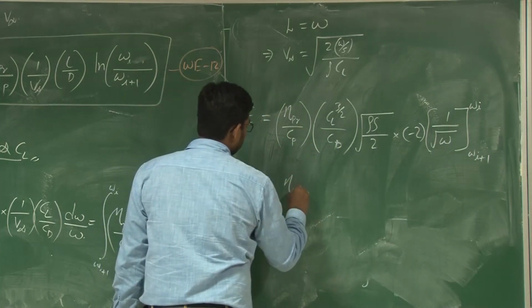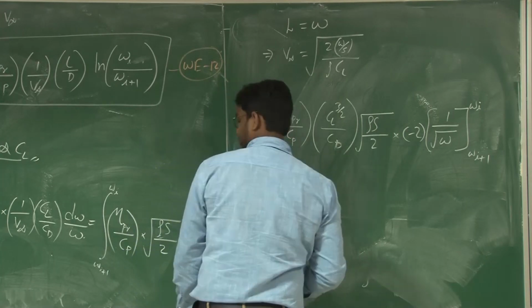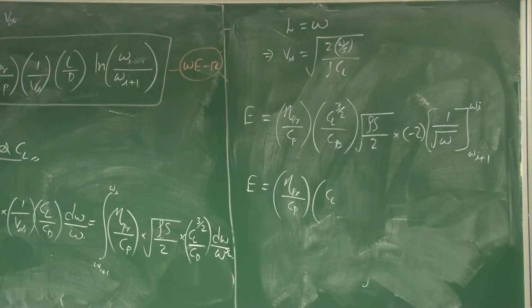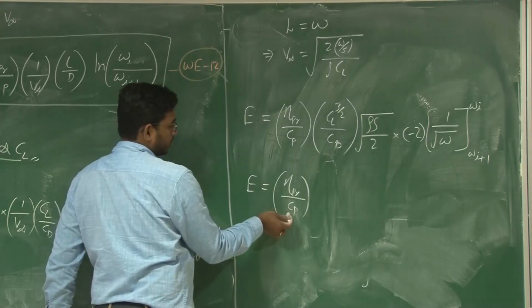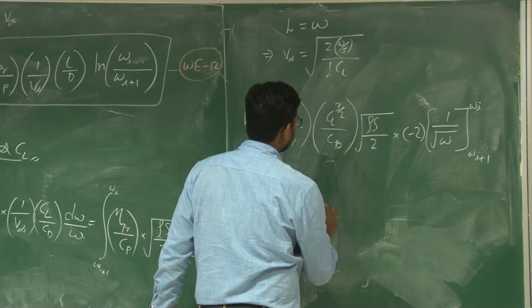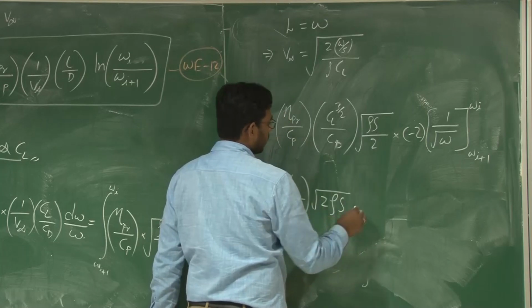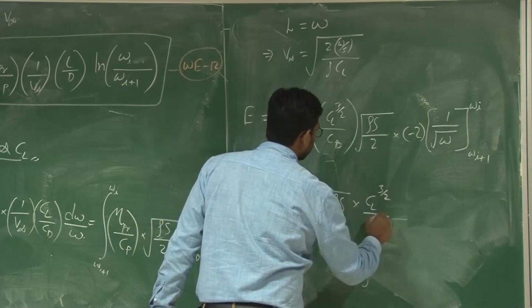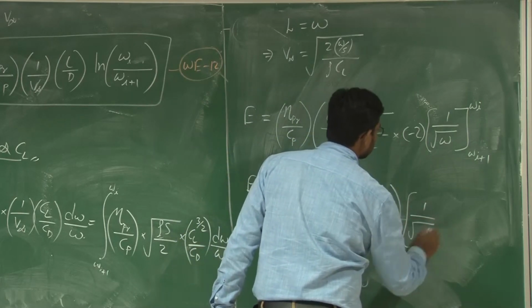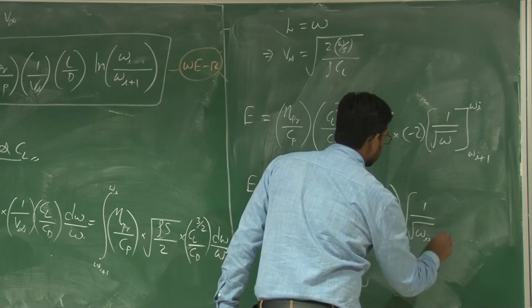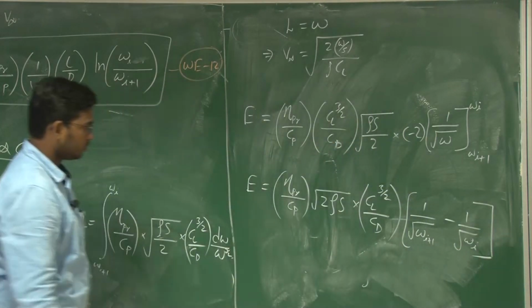So this will turn out to be the ratio of propeller efficiency to Cp, specific fuel consumption, into root over 2 rho S, density at that particular altitude, into CL power 3 by 2 by CD, into 1 by root over Wi plus 1 minus 1 by root Wi, right.